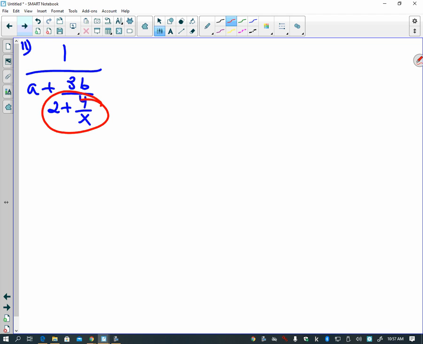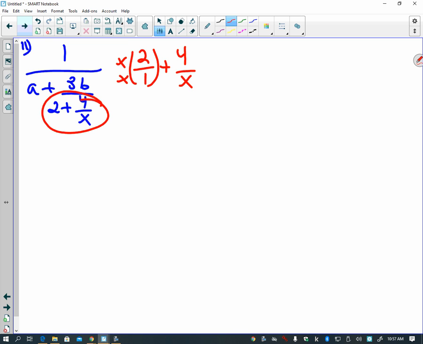Get a common denominator, right? What we're looking for is that you see you're adding fractions, even though you need to understand that a whole number is still a fraction. So we've got 2 over 1 plus 4 over x. What is the common denominator? X. X over x.